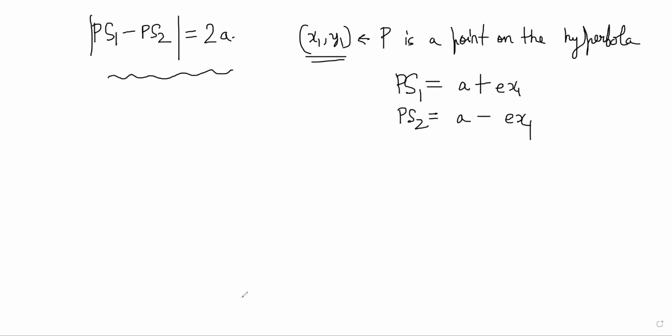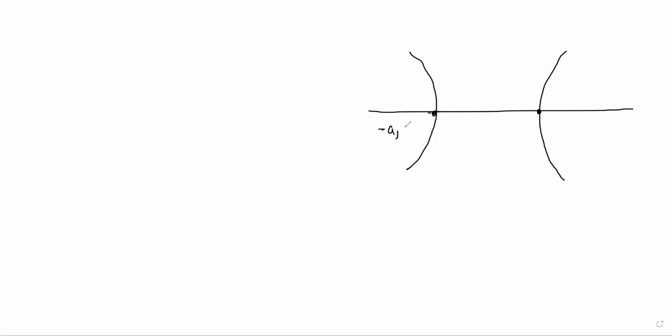Now, one thing to realize here is, what is the significance of your b point? This is clear, like minus a comma 0 is one vertex and a comma 0 is another vertex, and 2a becomes length of the transverse axis. But how do we know where to put the b, like 0 comma b and 0 comma minus b?